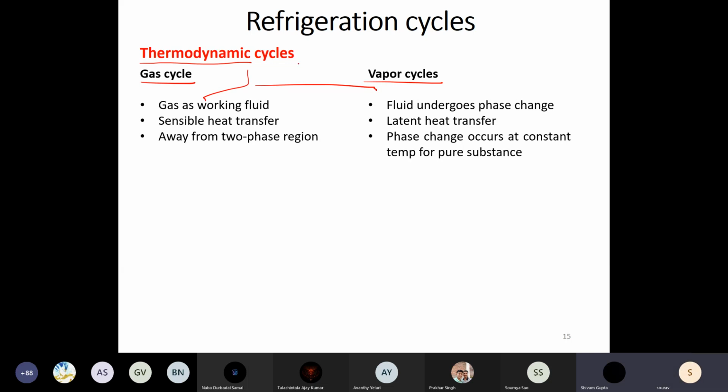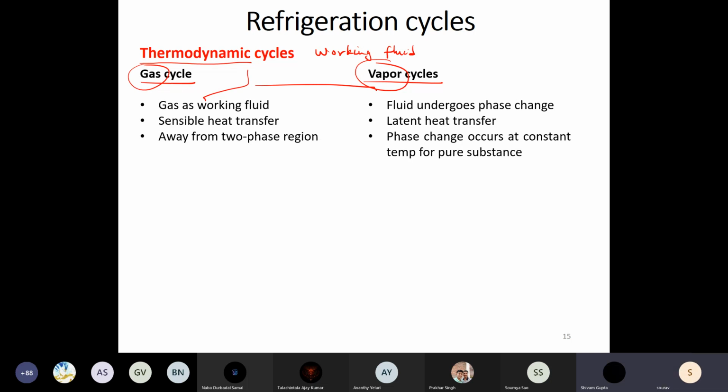Many a times the textbooks simply mention power cycles and do not mention the refrigeration cycle because it is quite obvious. As the name suggests, the classification is based on the working fluid. The fluid or solid or fuel from where you are deriving energy can be solid, liquid, gas.